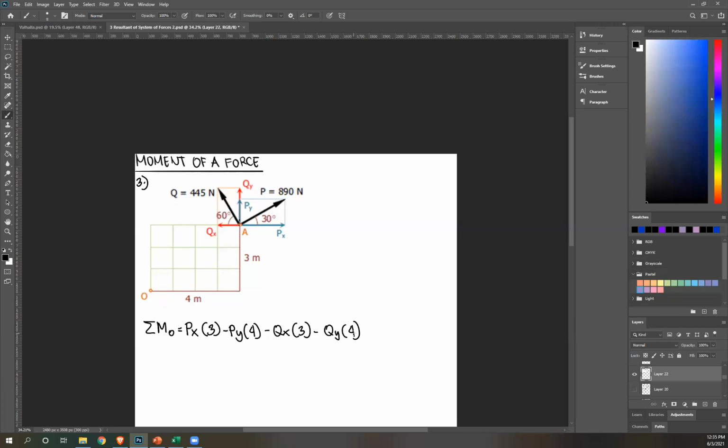Okay, so now I have to get an equation for Px, Py, Qx, Qy. Let's start with Px. Px is easy. We're given angles. Remember the equation for the x component, given an angle, that's F cosine theta. And then the y component is F sine theta. So Px, that's cosine. P is equal to 890. 890 cosine 30 times 3.